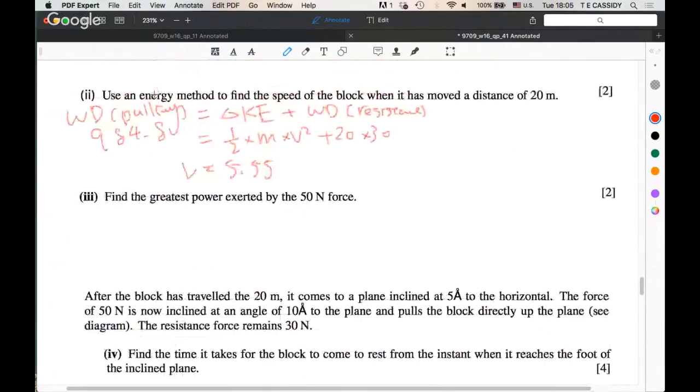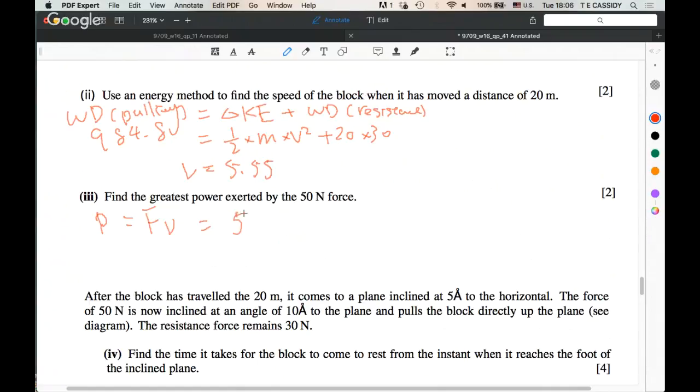So find the greatest power exerted by the 50 Newton force. Here is another formula which you might not have seen before. Power equals F times v. And if you want the greatest power, we just need to find out when v and F are the greatest. F is always constant, it's 50, right?